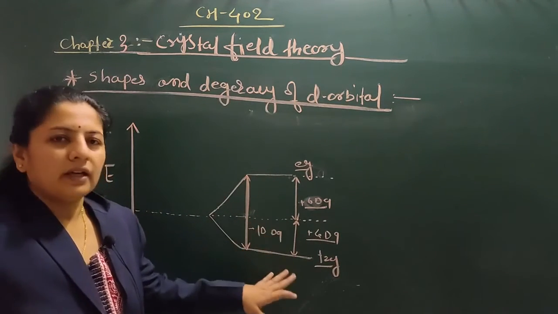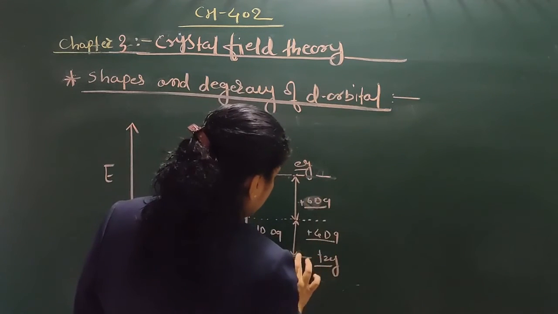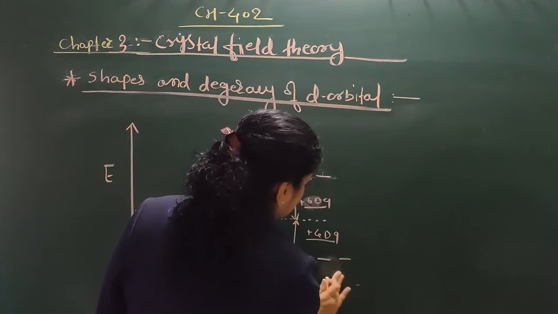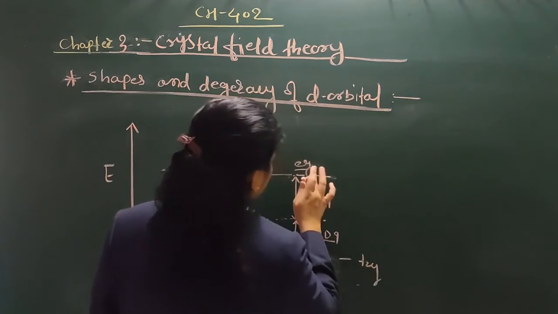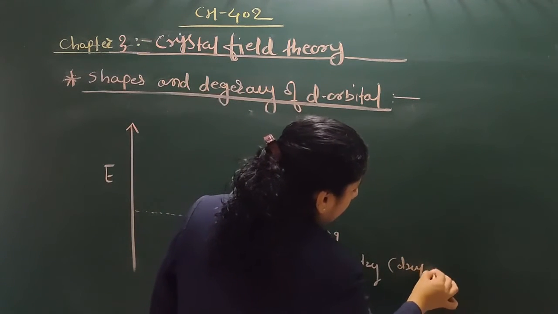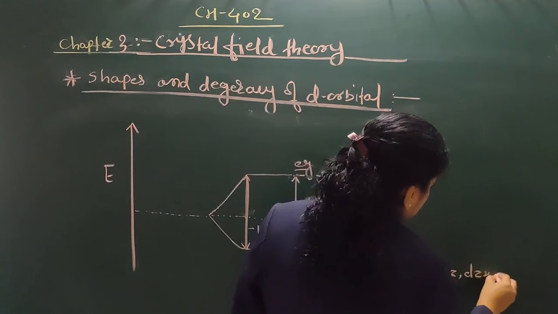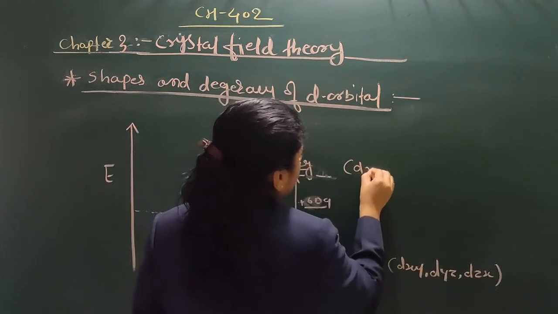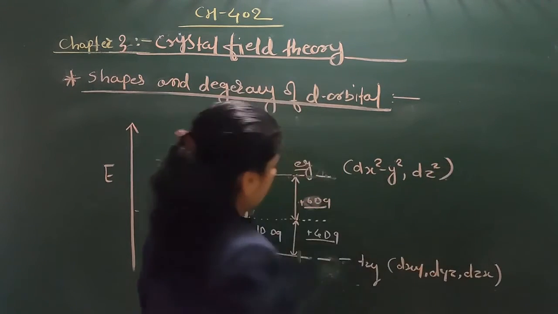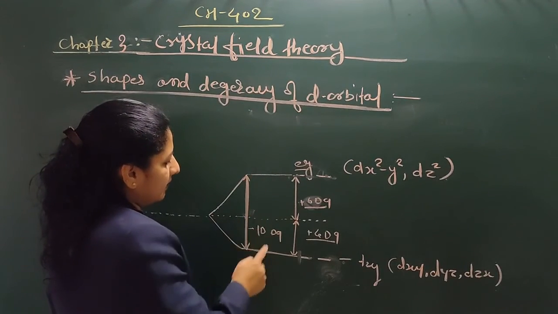This is the energy distribution: there are 2 orbitals for eg, and for t2g there are 3 orbitals, that is dxy, dyz, dzx, and here dx square minus y square and dz square. So this is the split.